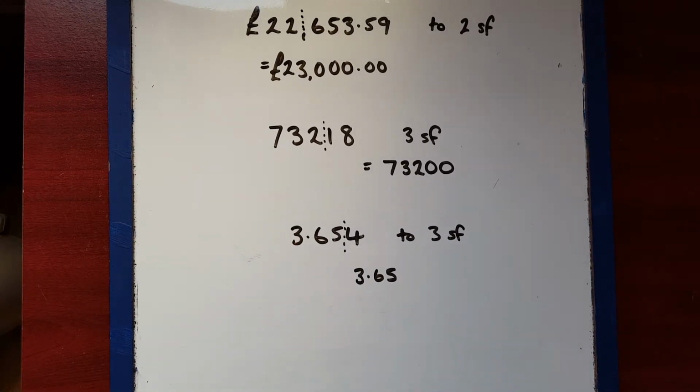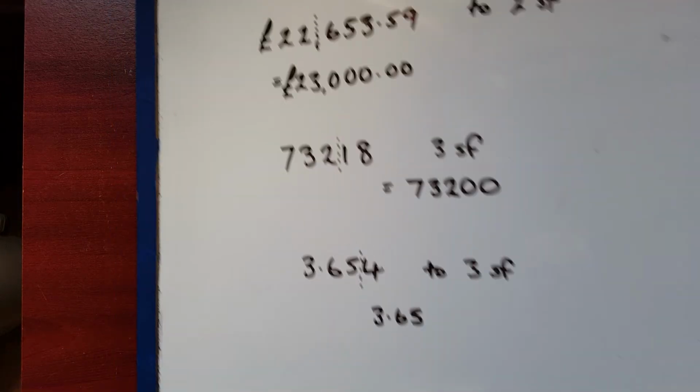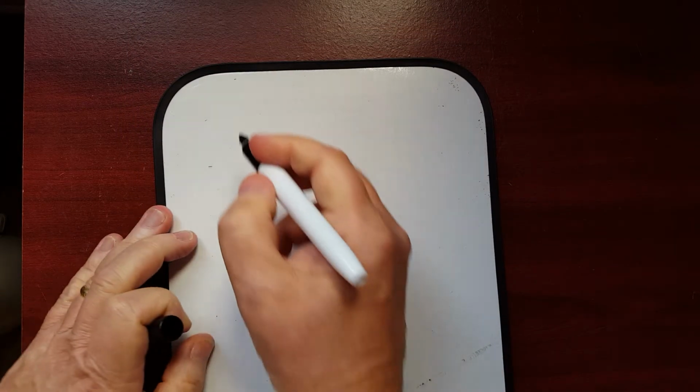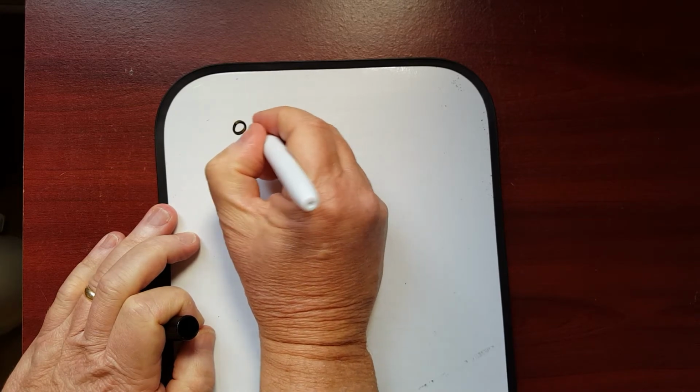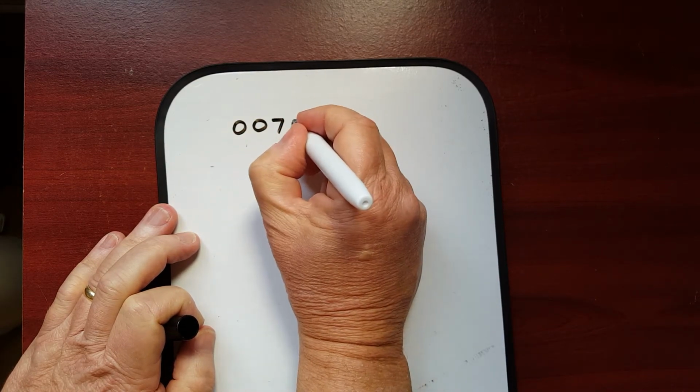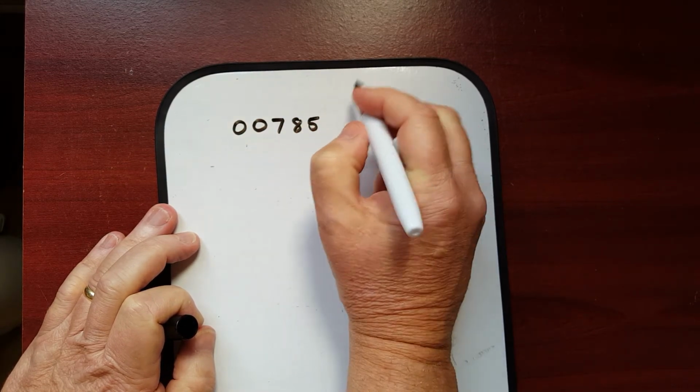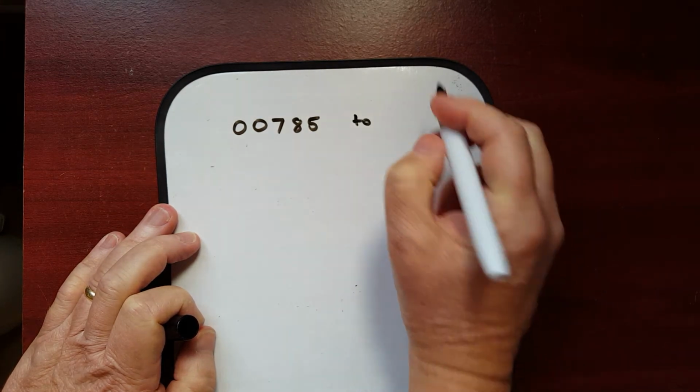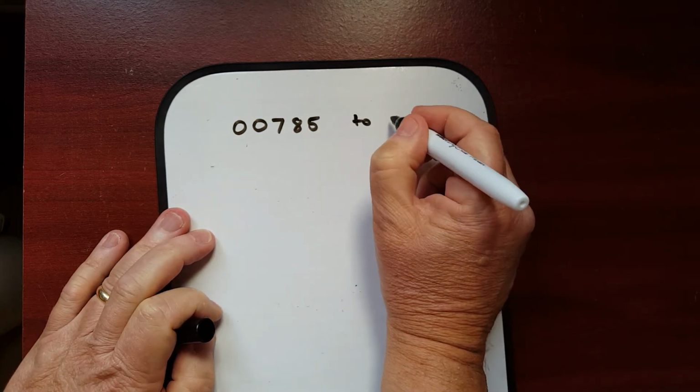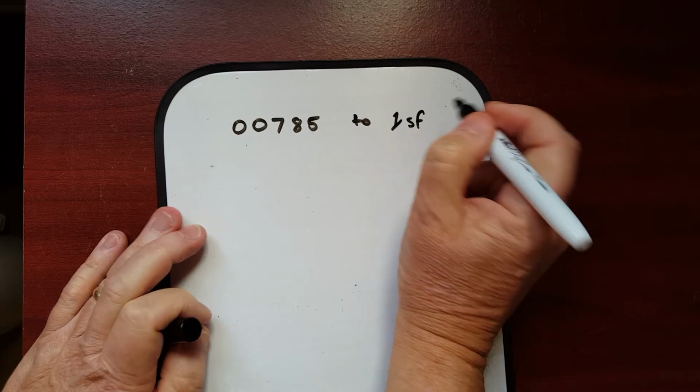Now, talking of zeros, we've got an important thing that we need to consider. It's unlikely that you'll see this, but you could, and you certainly could in an exam. You could have something that looks like this. They could ask you to write this number to 1 significant figure.